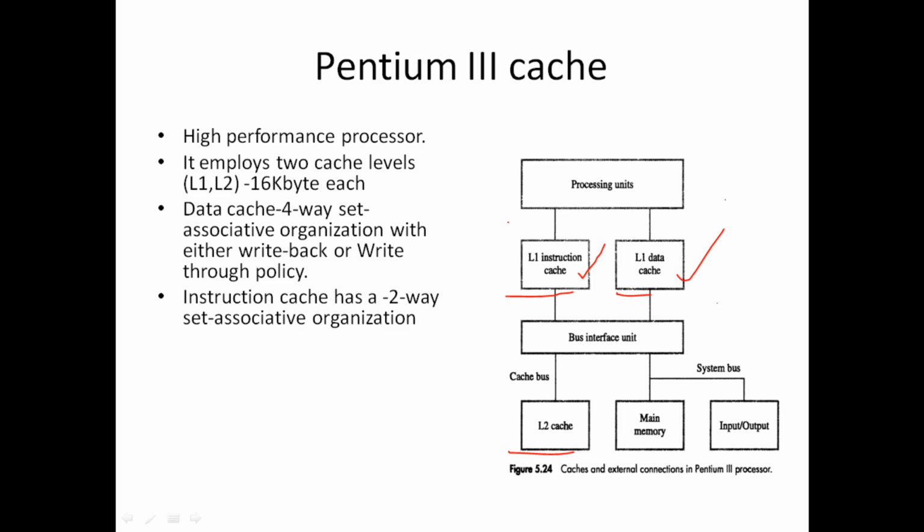In this case the cache contains 512 kilobytes and is implemented using SRAM memory. It is also four-way associative, and it uses either the write back or write through protocol, programmable on a per block basis. The cache bus is 64 bits wide.